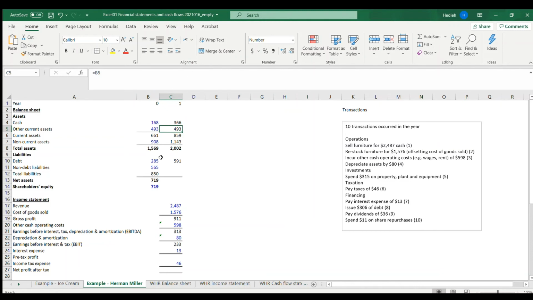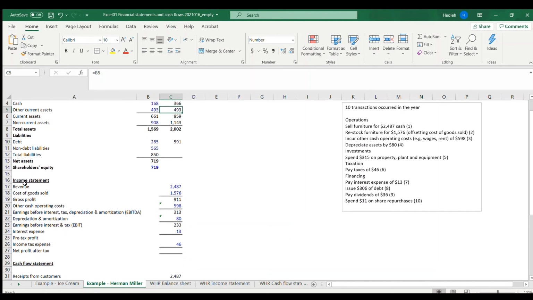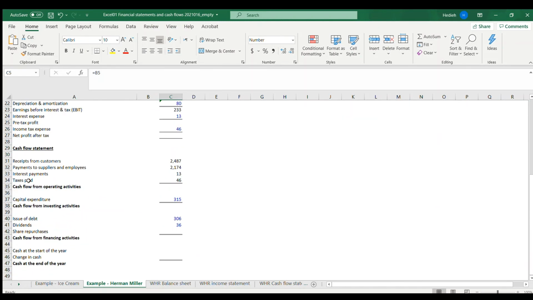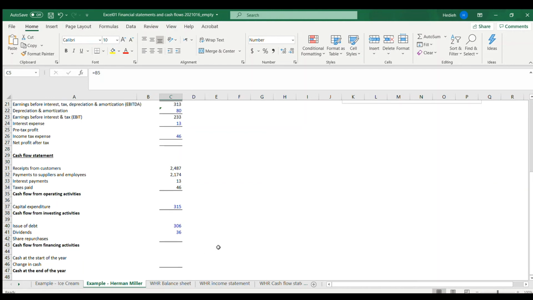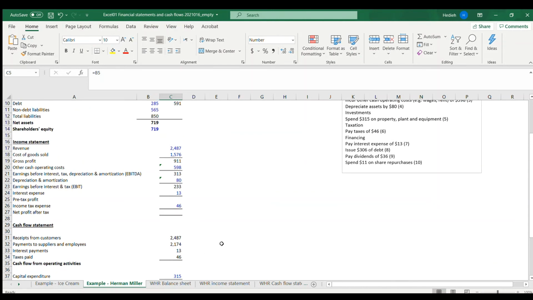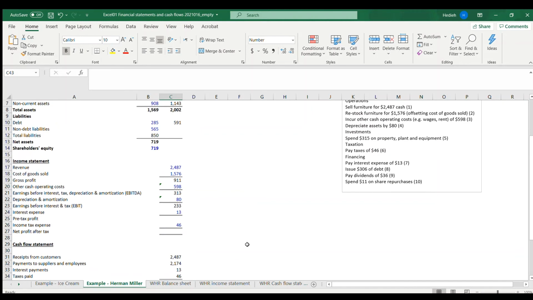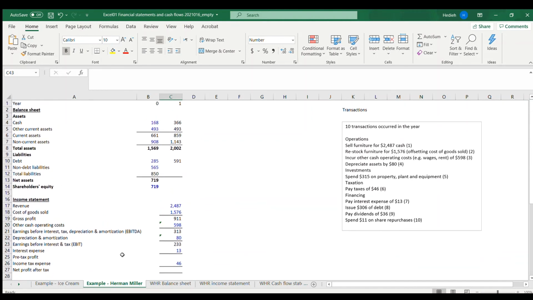Next thing that happens is that this is a share repurchase. Share repurchases do not show up on the income statement, but it shows up on the cash flow statement. So on the cash flow statement, you have a cash outflow of $11. Okay, so we updated all three financial statements for all the transactions that we have in this example.